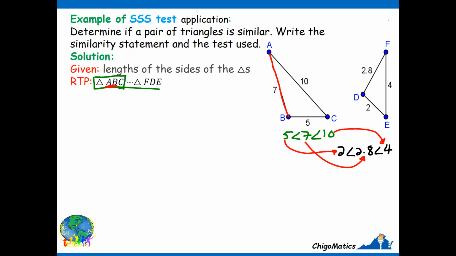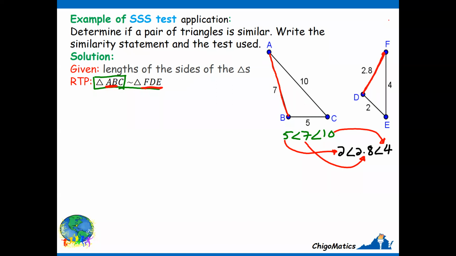So I wrote FD as my first because I had realized that FD is the second biggest side of that triangle as compared to the first triangle, just like that. So they correspond. So this is what made me write in this format, right?